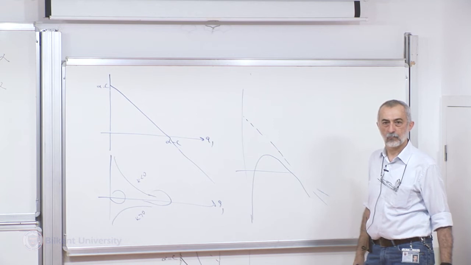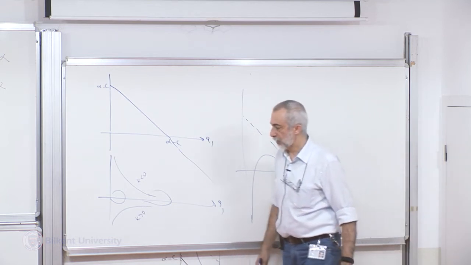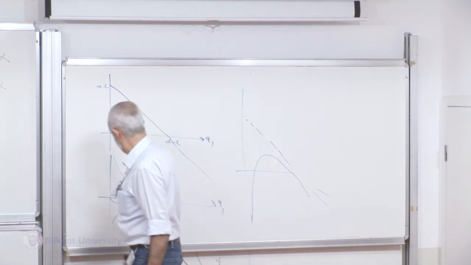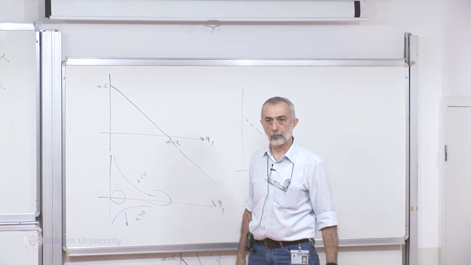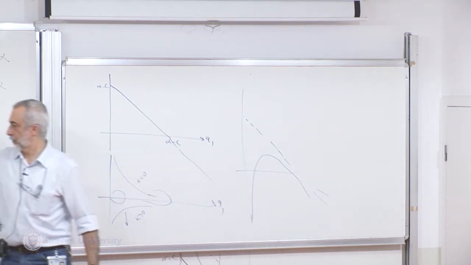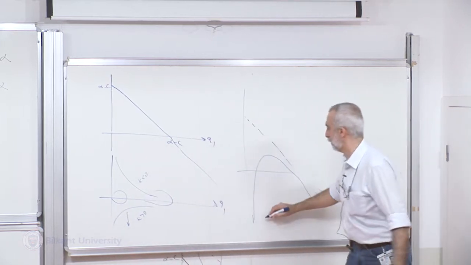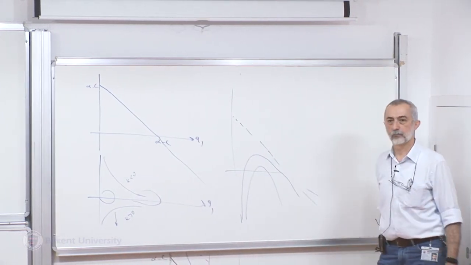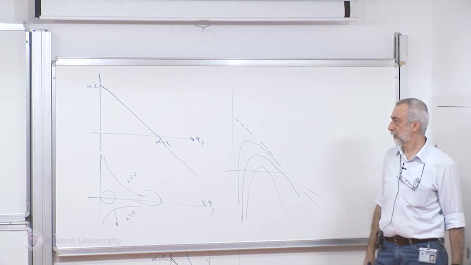Okay. And as k increases, what happens? As k increases, this will shift down, right? Minus k, it will shift down. So this shape will shift down. Okay, that's what we will get.